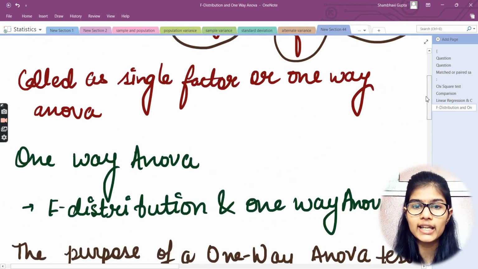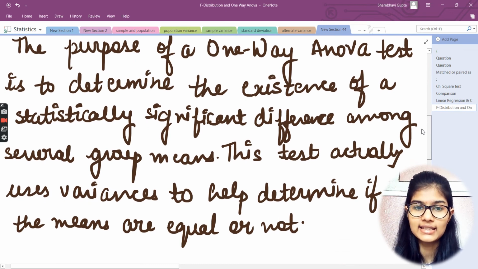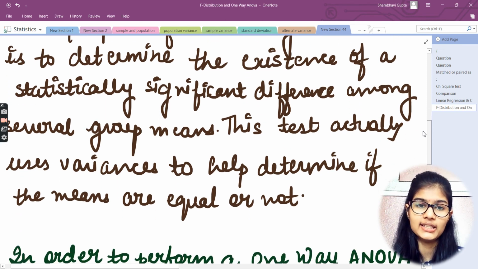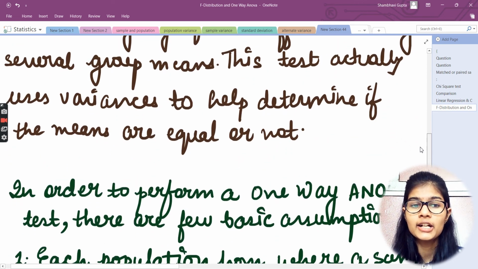When we talk about the ANOVA test, we determine the existence of a statistically significant difference among several group means. So we have several group means, and among them we find the existence of a statistically significant difference.